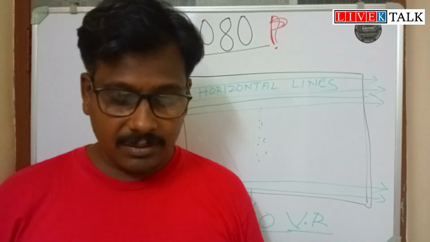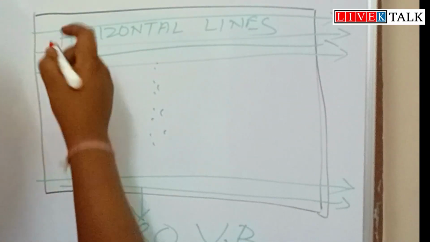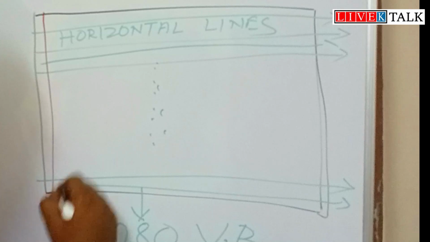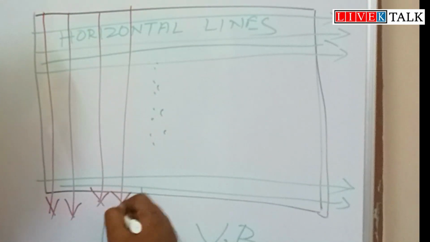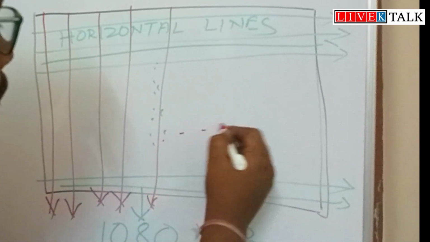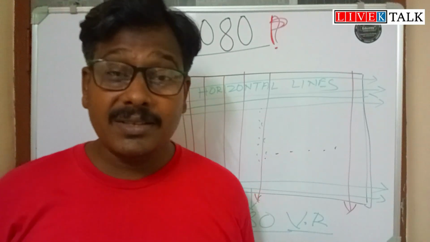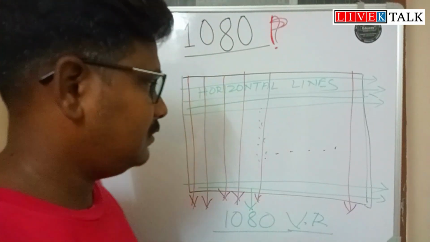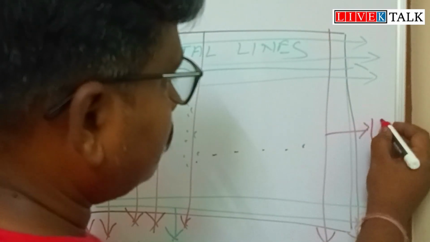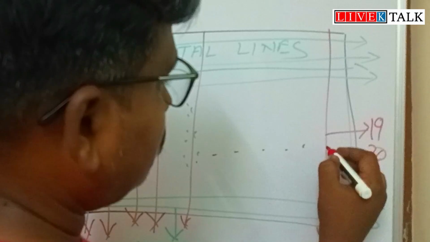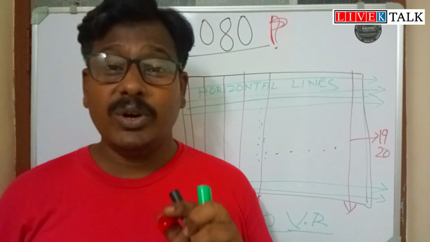And now I am drawing vertical lines. How many vertical lines? 1920. The number of vertical lines is 1920.